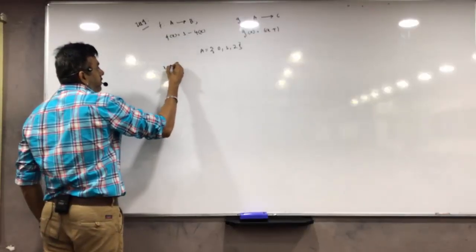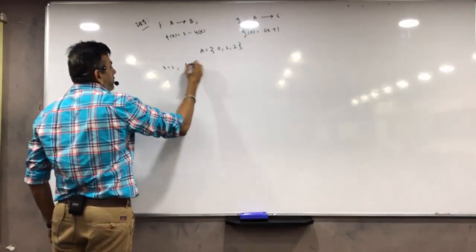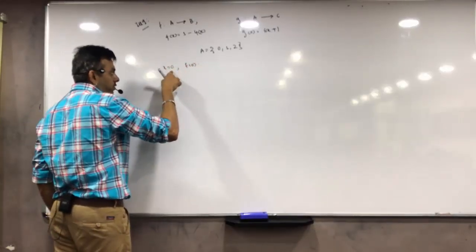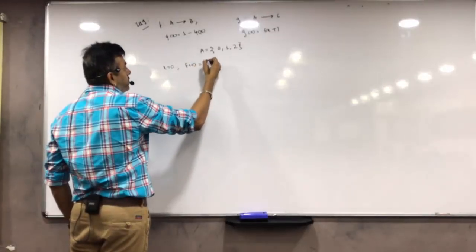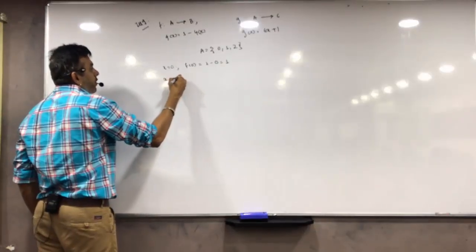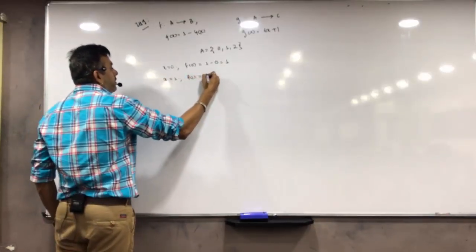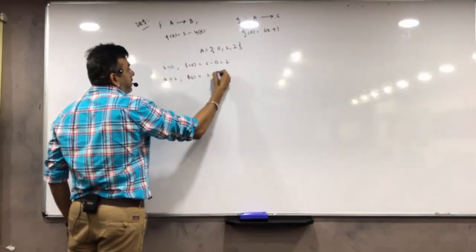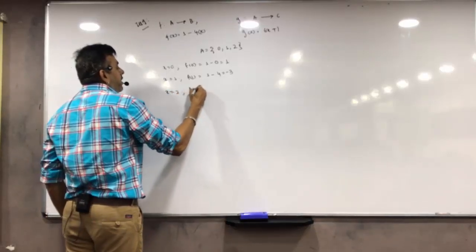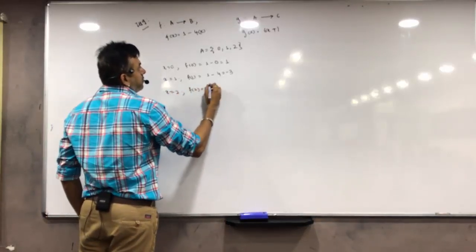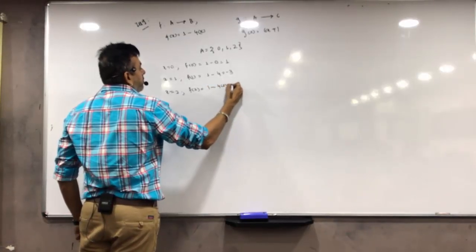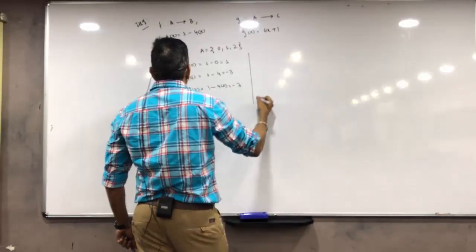So for x is equal to 0, f of 0 is equal to 1 minus 0, which is equal to 1. For x is equal to 1, f of 1 is equal to 1 minus 4, which is minus 3. x is equal to 2. f of 2 is equal to 1 minus 4 twos are 8, minus 7.